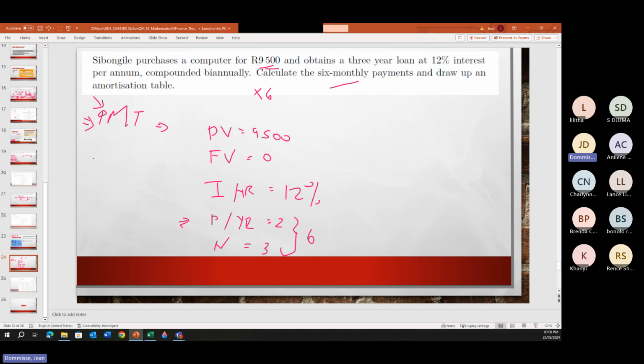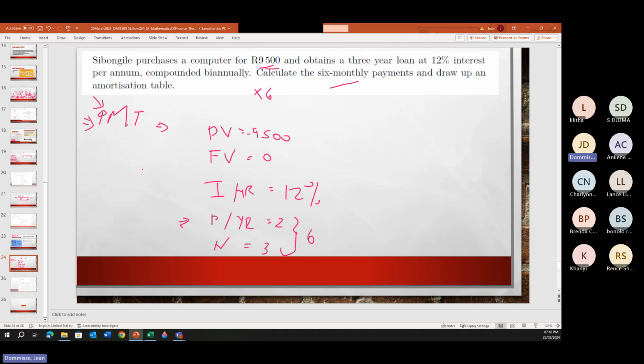Okay, so that we can put into our financial calculator. So again, I always put in the future value as 0, so that I know it didn't take my previous answer and store it. The future value 0, present value minus 9,500, sorry. Interest per year is 12%, 2 times a year.